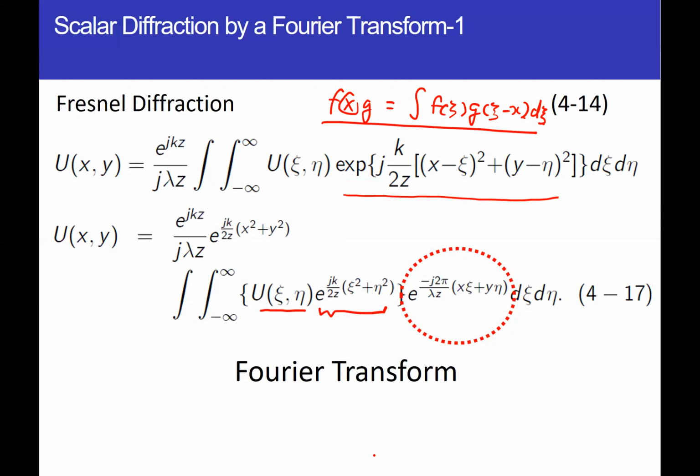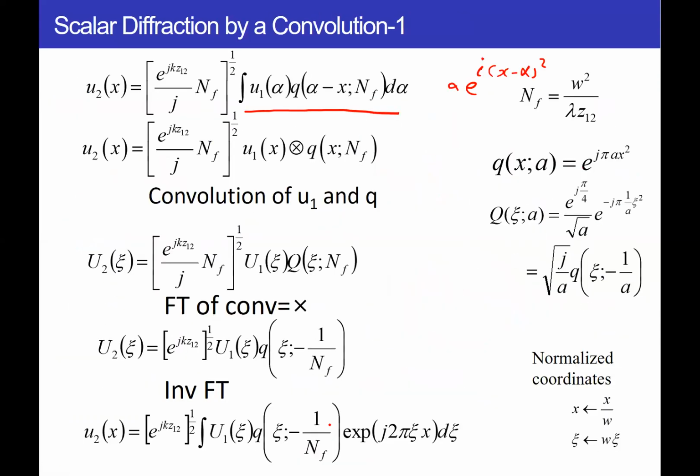So the Fresnel diffraction or scalar diffraction integral, you can interpret in 2 ways. One is you can interpret it as a Fourier transform, taking all the terms out, or you can just think that this is the convolution. Oh, this is the convolution, right? So we are going to think about convolution, okay?